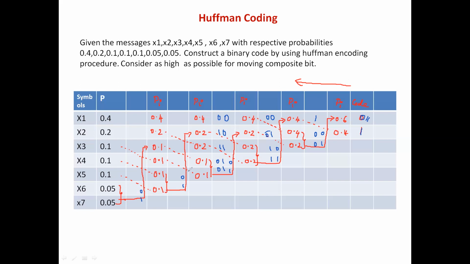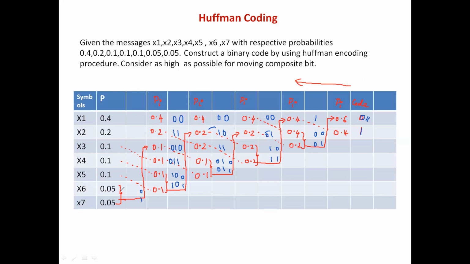Next 0.1 and 0.1 are combined and given as 0.2. The code of 0.2 is 1, 0. That 1, 0 is assigned here for both values. So for 0.1 the code is 0, 1, 1, and for the other 0.1 it is 0, 1, 0. For 0.2 it is 1, 1. For 0.4 the value is 0, 0.